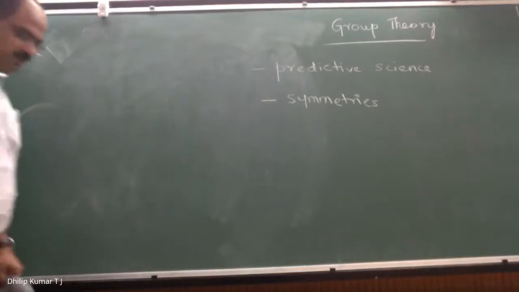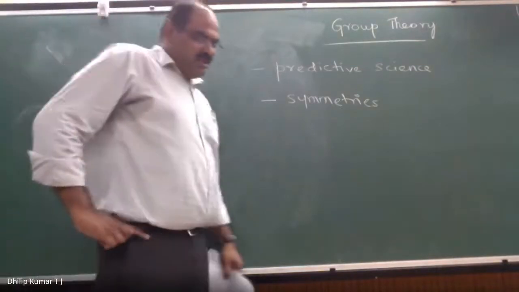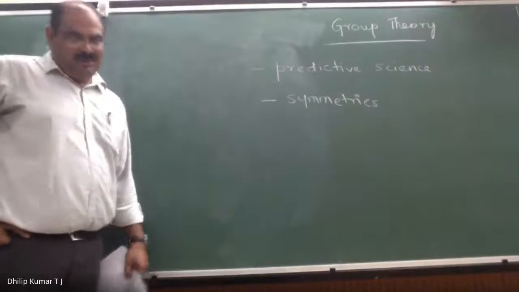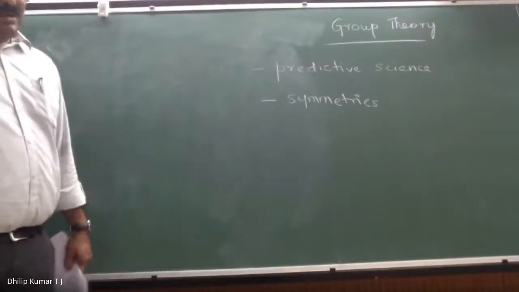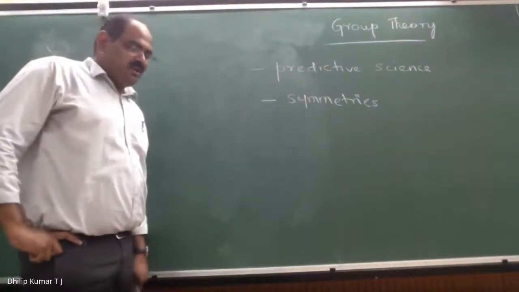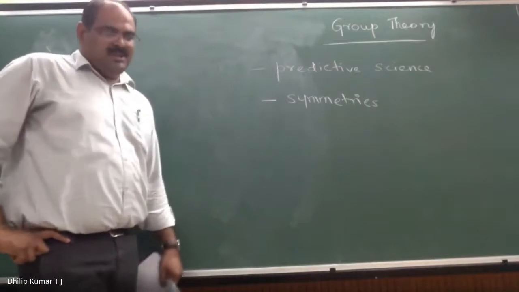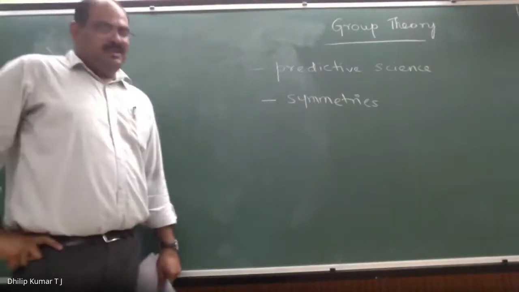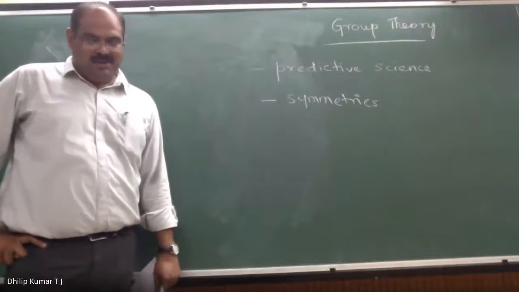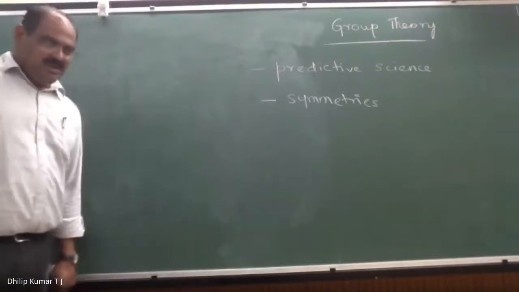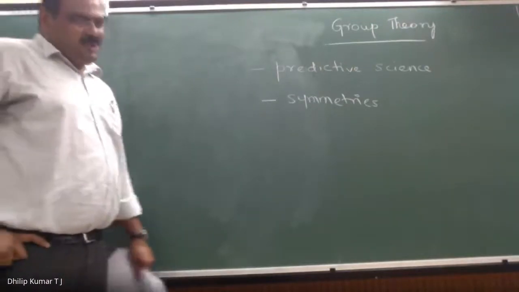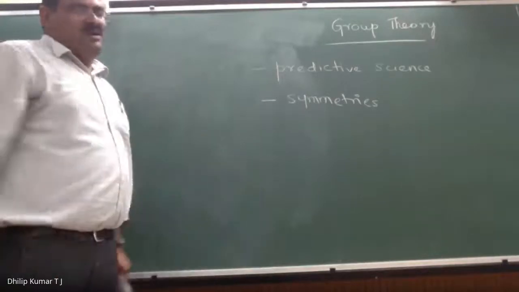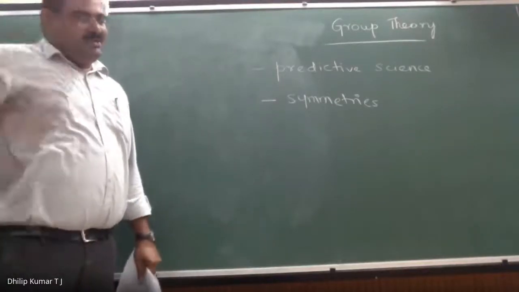Also, you must have studied, or may be studying, what are called the Woodward-Hoffmann rules for photochemical or thermal reactions, which reaction is thermally allowed or photochemically allowed. Those are all given by Woodward-Hoffmann rules. Those concepts all involve group theory.